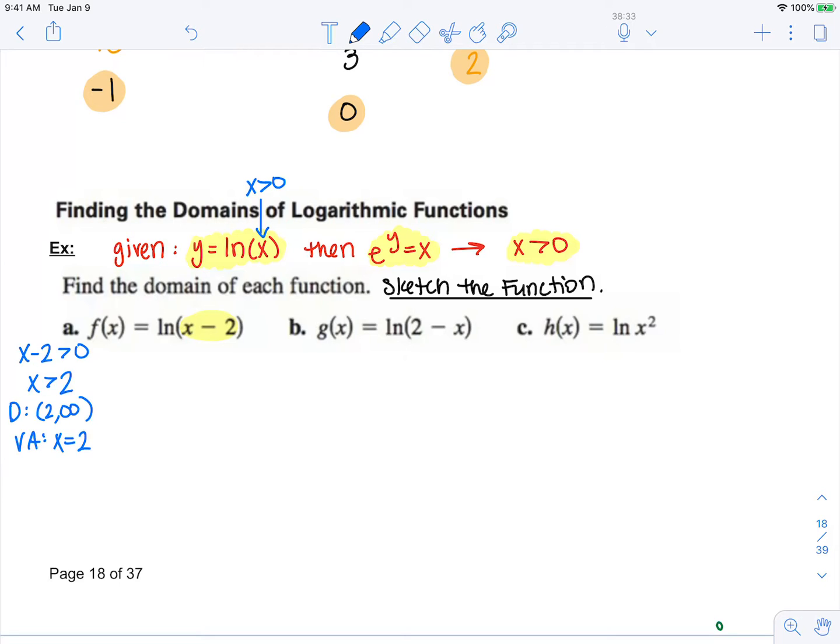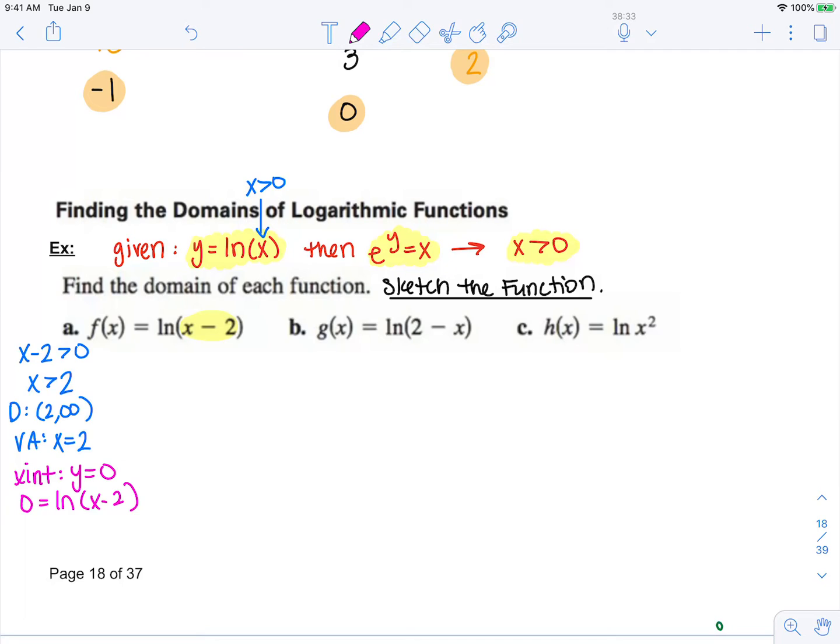We can also go a step further to find the x-intercept algebraically. Remember, in order to find the x-intercept, we let y equal 0. Well, y is f of x, so I'll have 0 equals ln of x minus 2.